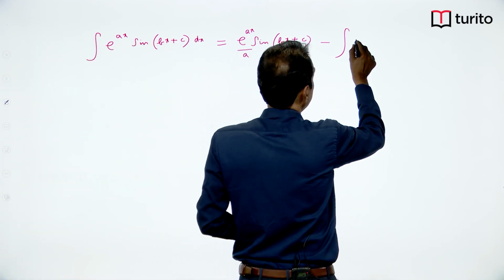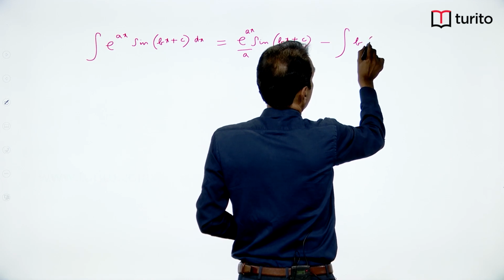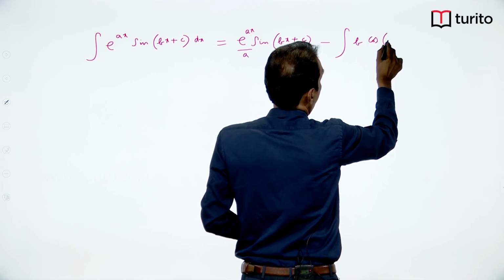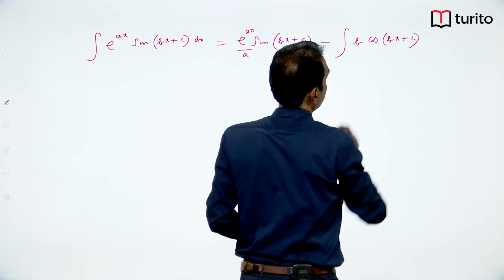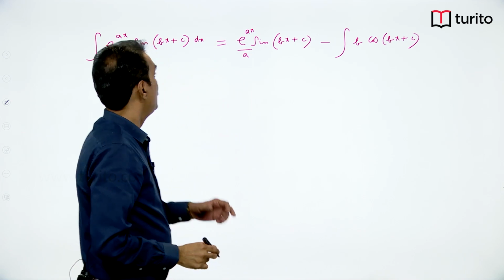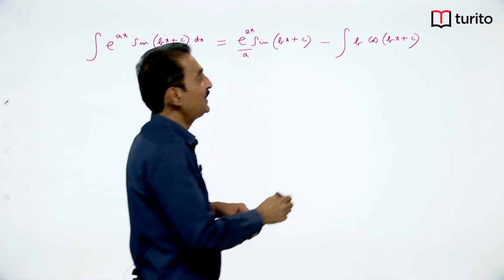Derivative of sin bx plus c is b cos bx plus c into integral of the second function, e power ax by a.